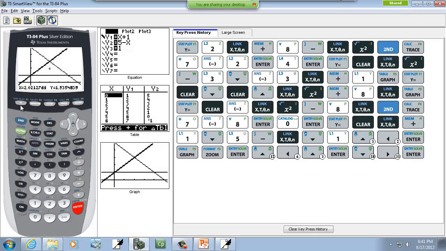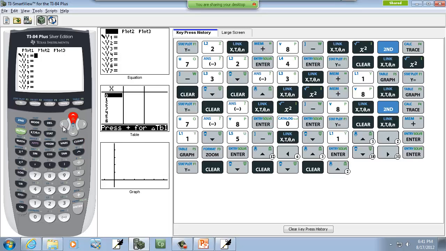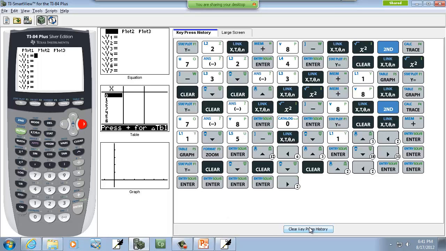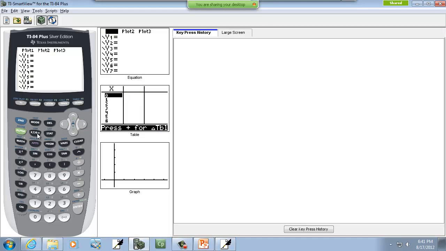Again, I want to clear out the y1, y2, and y3. On the newer version of the TI-84, when you do a clear, it doesn't clear out that thick line. So I'm going to left arrow over and press enter on that. Enter again, and again, one more time. There we go. Don't know why it doesn't clear it out. And let me graph x squared minus 3x.